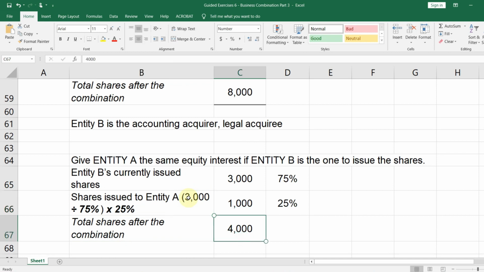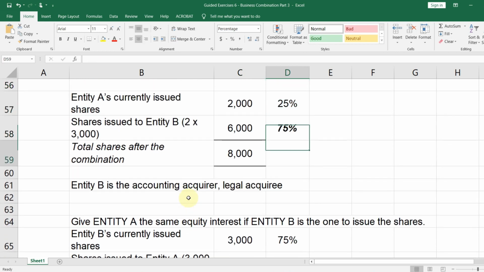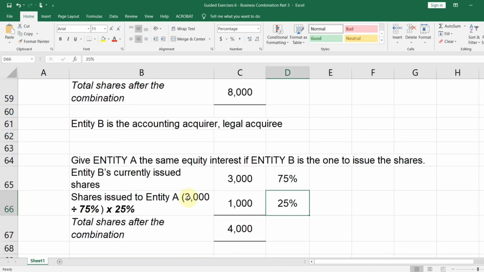Then from 4,000, you multiply by entity A's interest of 25%, and you get 1,000. So 1,000 is our basis for the consideration transferred.